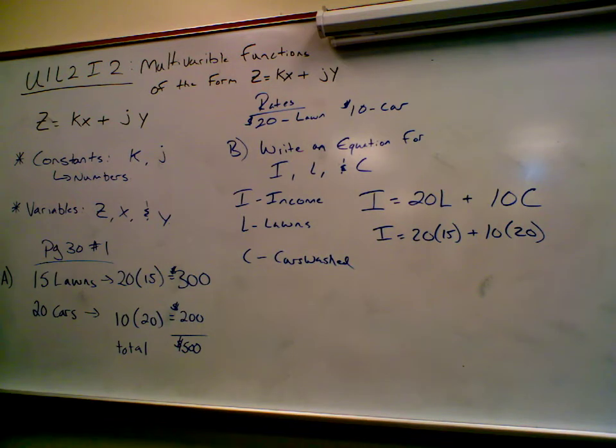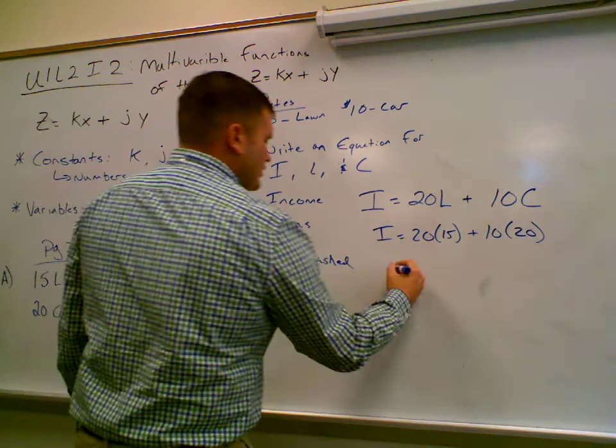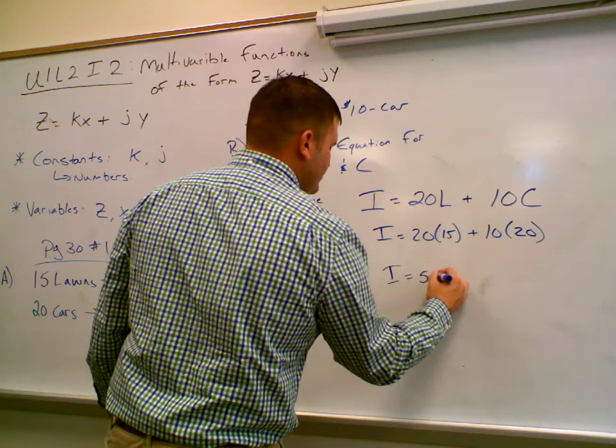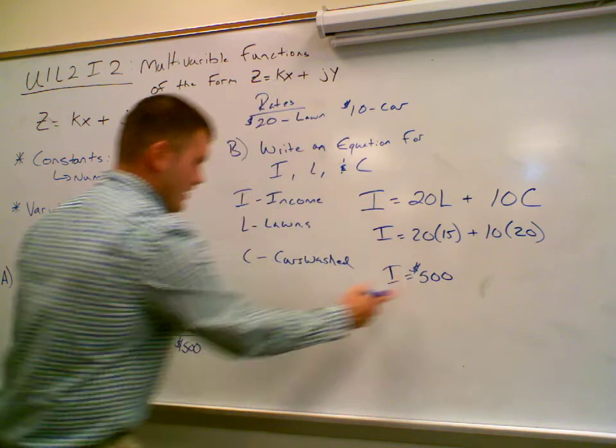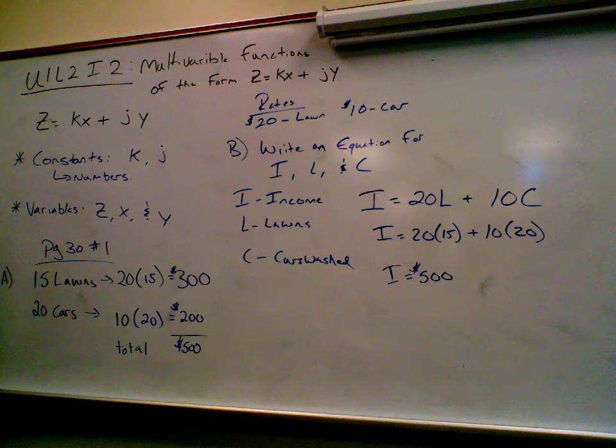If we do this all on our calculator, 20 times 15 plus 10 times 20, what do we get? 500. So does the equation work? Yeah, the equation works. Like the same thing here as we did there. Does that make sense, guys? How I got that?